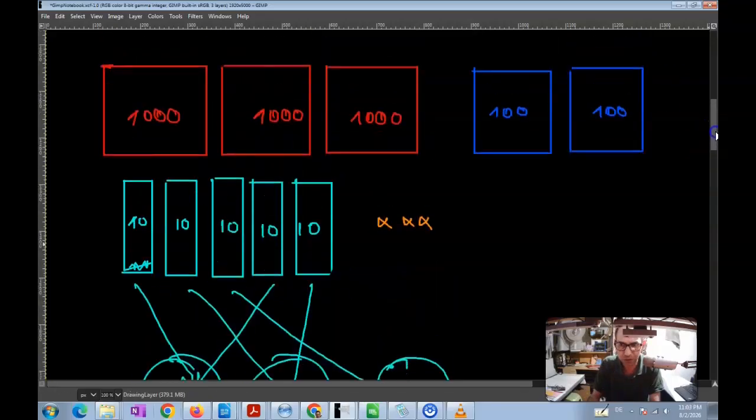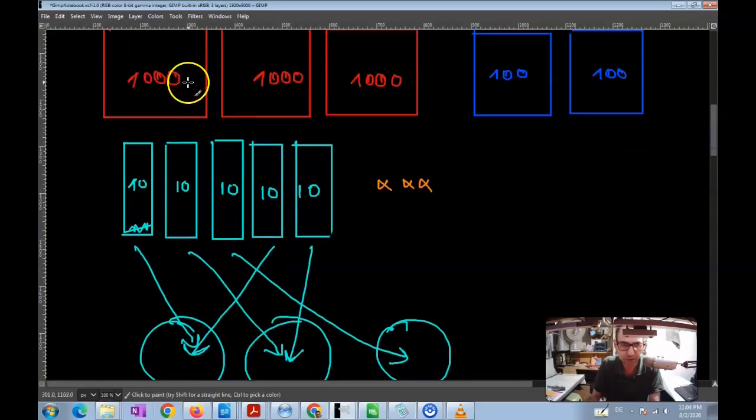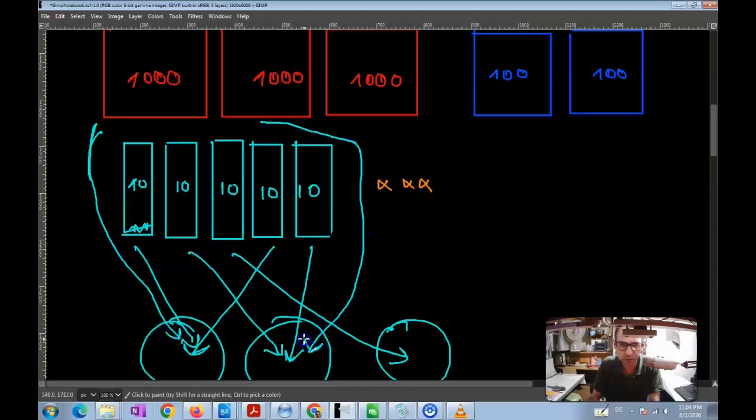Or, for example, these blocks of 1000. So what I can do is that I don't simply have to break them up, because I want to divide by 3. I will bring one of them over here, the other one I will give over here, and then just the other one give over here, right?